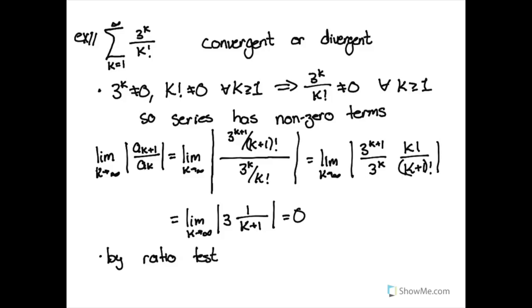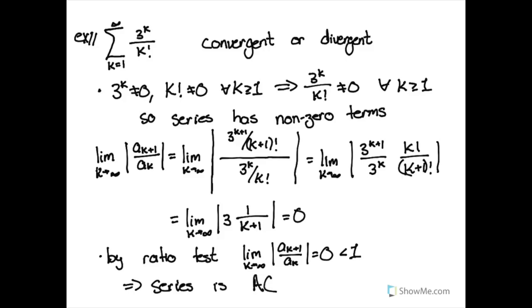So by the ratio test, since the limit of the ratio is equal to 0, which is strictly less than 1, this implies that the series is absolutely convergent. And the question is asking us, is it convergent or divergent?